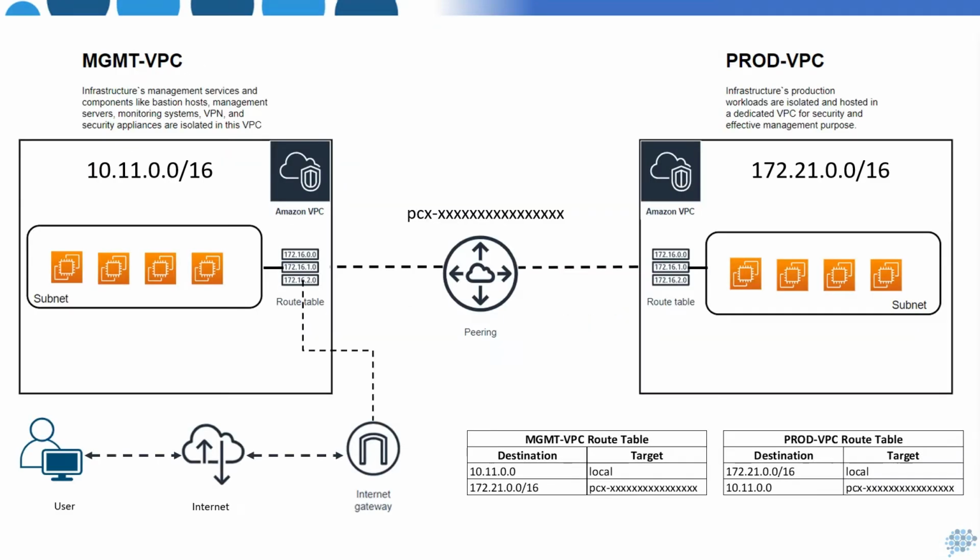Let's get to it. In this demonstration, we are going to create two VPCs. Why? Because in ideal real-world scenarios, IT infra workloads are completely segmented, or I would rather say isolated, into different VPCs for security and easy management purposes, right?